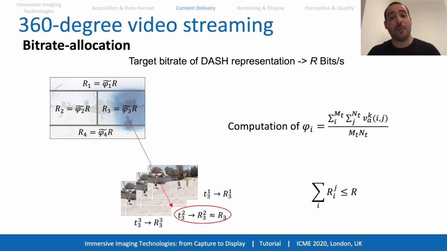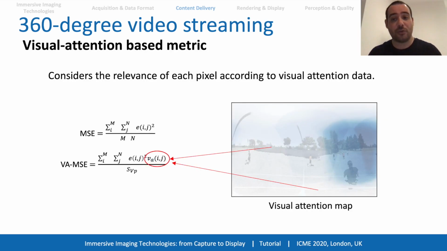As I mentioned previously, in order to optimize tiling structure, we need to have a quality metric that considers visual attention. For this, we can extend the well-known distortion measurement called mean square error to visual attention-based mean square error by considering visual attention of the viewport area.